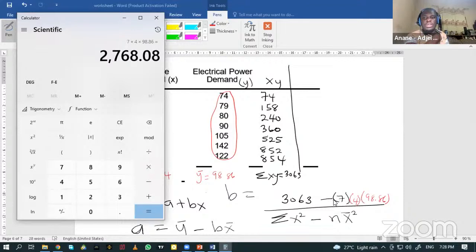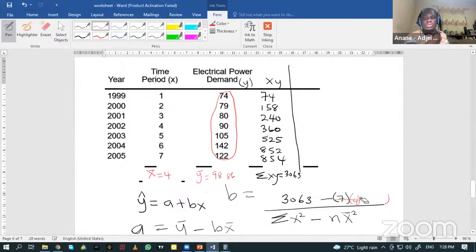So let me go and replace it with 2768.08.